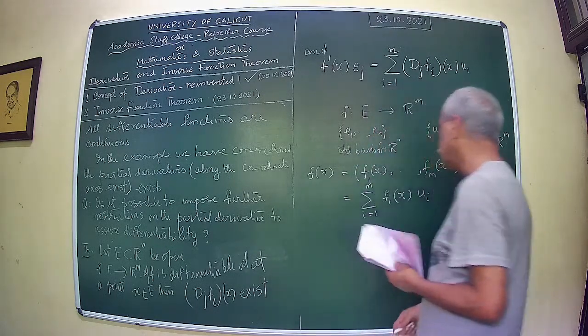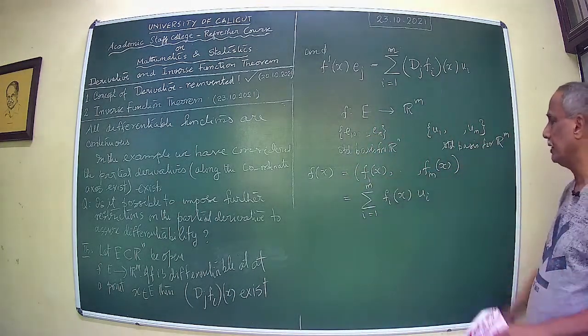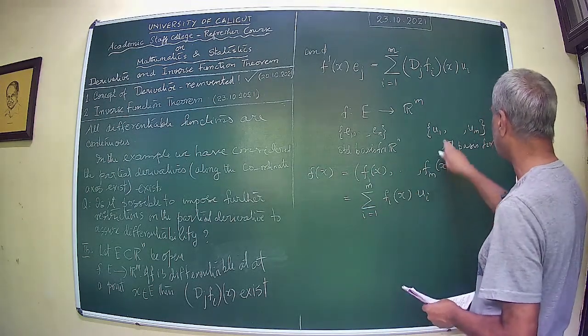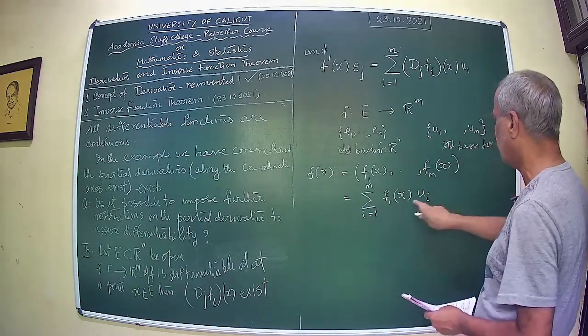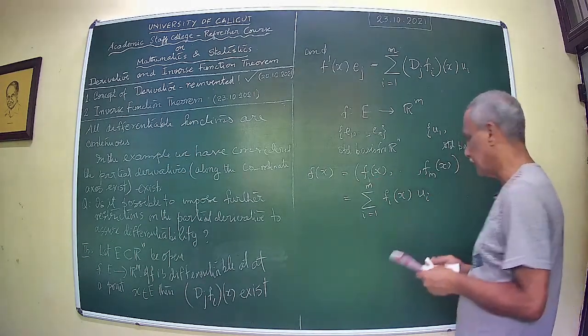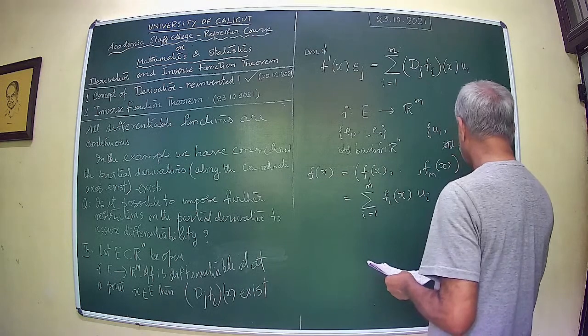This is the usual expansion of f in terms of the standard basis. This is the meaning of saying that these are the components of f, for x belonging to E.